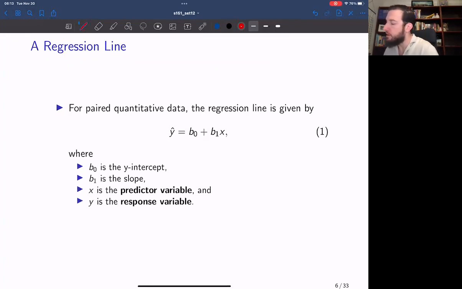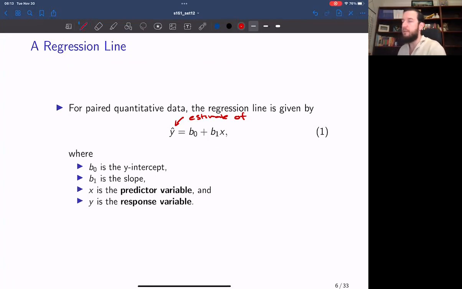Our regression line says y hat, and the hat here means estimate of. So the whole quantity is an estimate of the response variable.